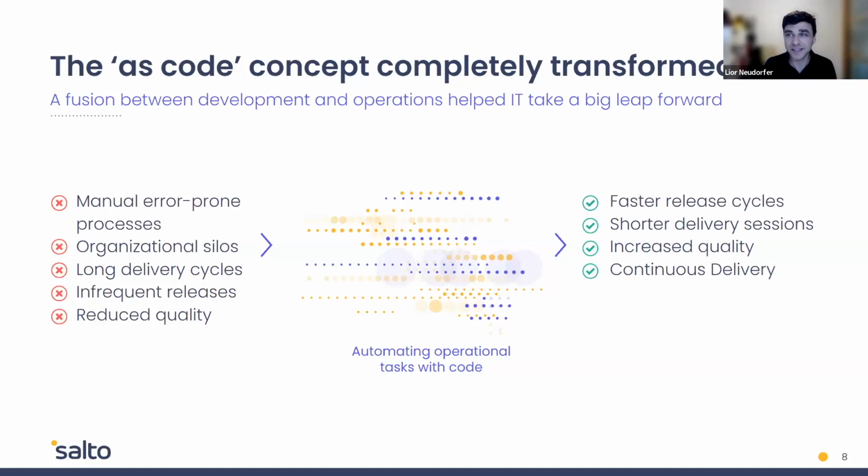Why? Because actually getting a server is hard, even with virtual servers, even with virtual machines. They had to go into all sorts of VMware wizards and click next, next, next, and allocate storage for that. And it was all very manual and error-prone and slow, which meant that developers who needed infrastructure built for them had to wait a long time, which led to long delivery cycles, which led to infrequent releases.